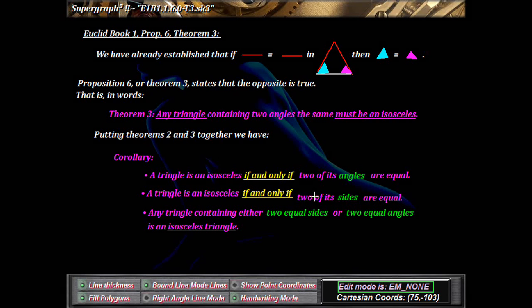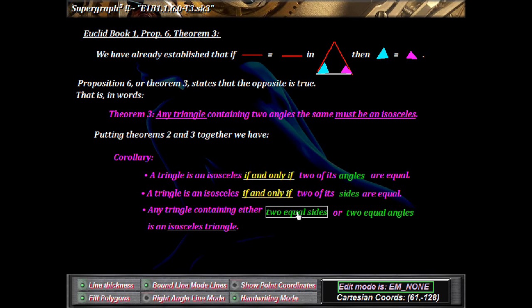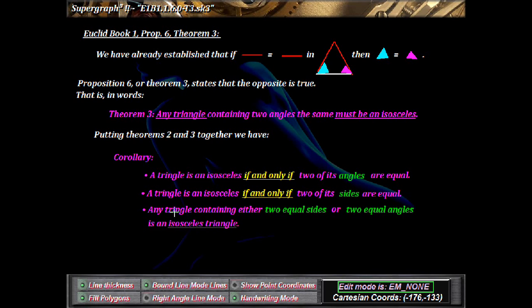A triangle is an isosceles if and only if two of its angles are equal, or equivalently, a triangle is an isosceles if and only if two of its sides are equal, or mixing the two together, a triangle containing either two equal sides or two equal angles is an isosceles triangle.